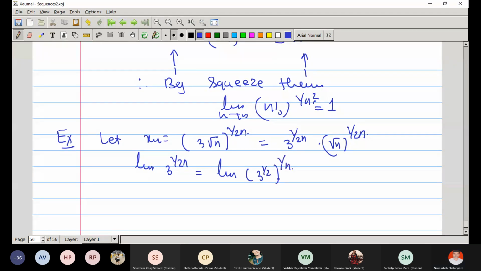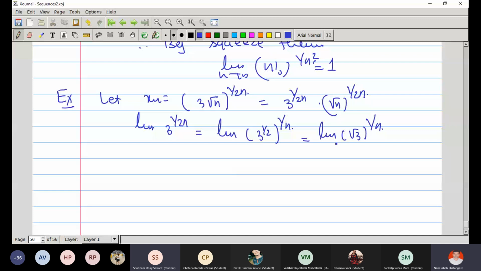Am I right? Yes, sir. Root 3 raised to 1 by n. And what is the limit of this? 1, because we already proved that if a is greater than 0, then the limit of a raised to 1 by n is always 1. Okay, therefore the first factor is not an issue. What about the second factor?